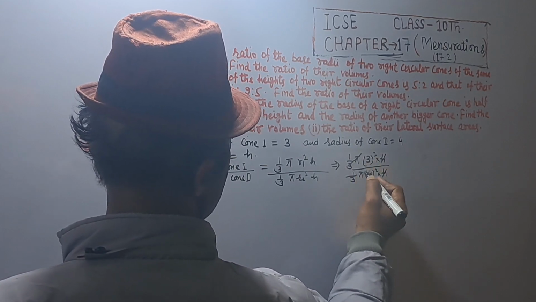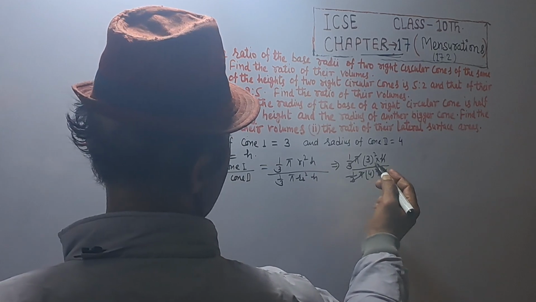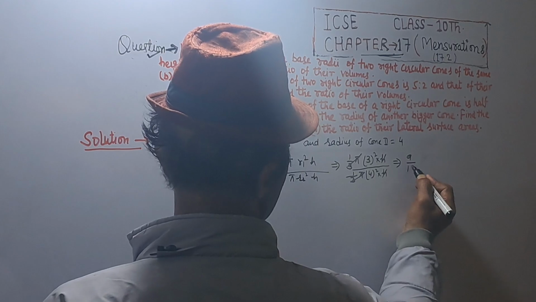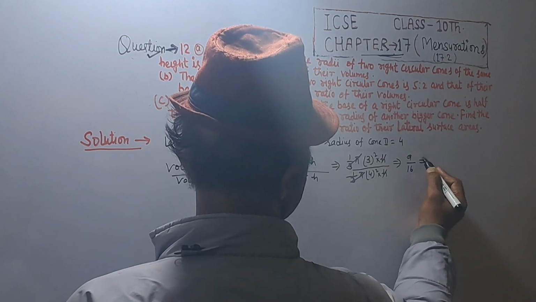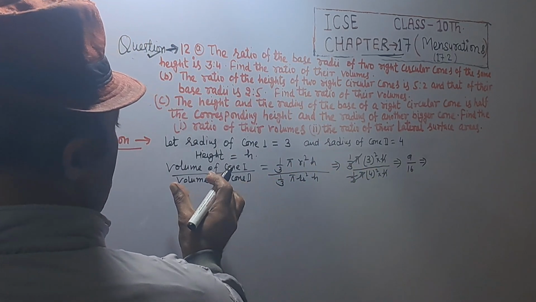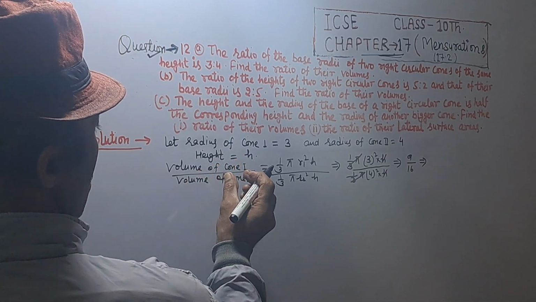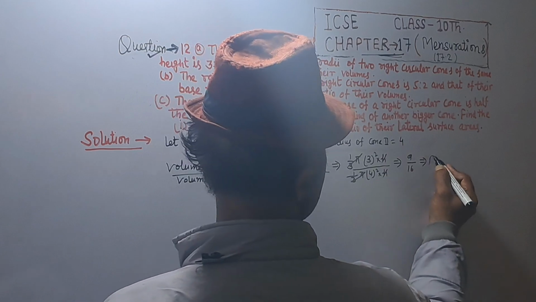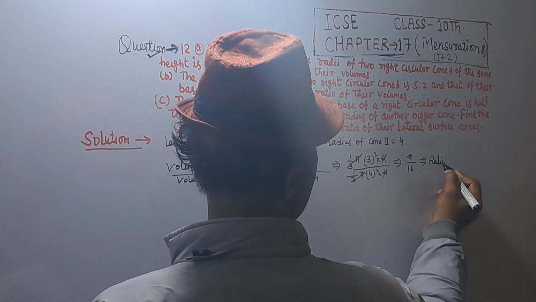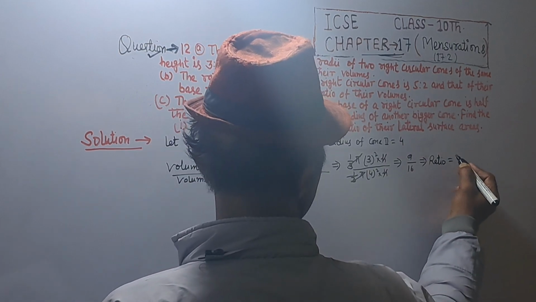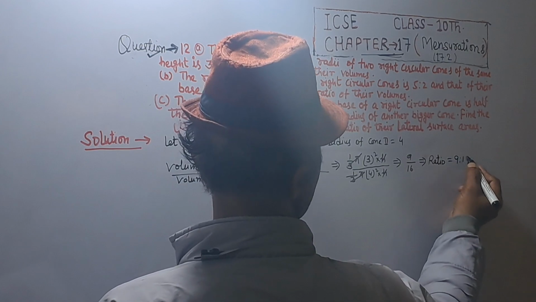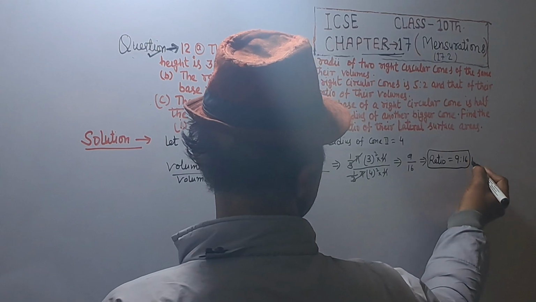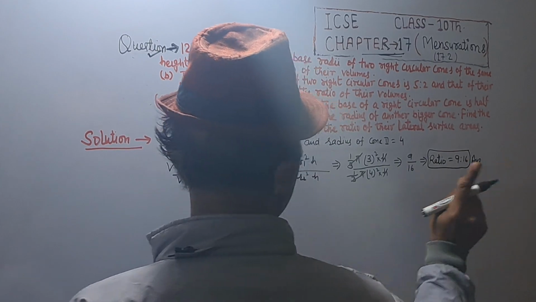This is cancelled and 1/3 pi, 1/3 pi is cancelled and we get 3 3s are 9, 4 4s are 16, which implies volume of cone 1 upon volume of cone 2 ratio is equal to 9:16. Answer.